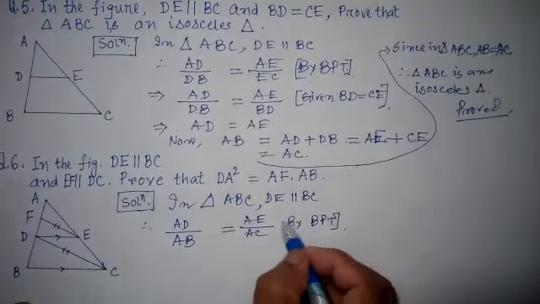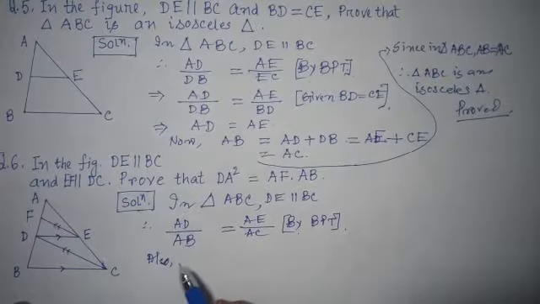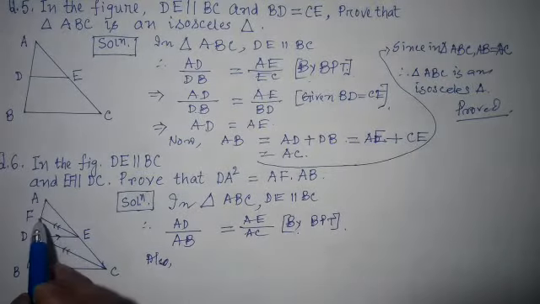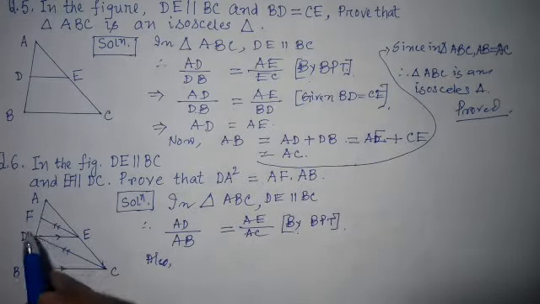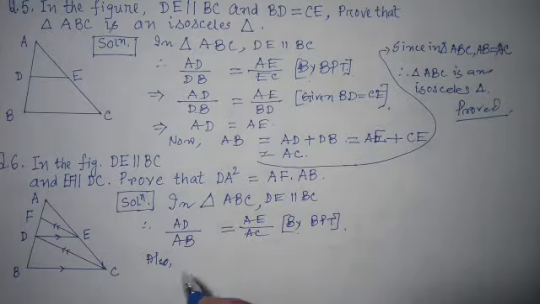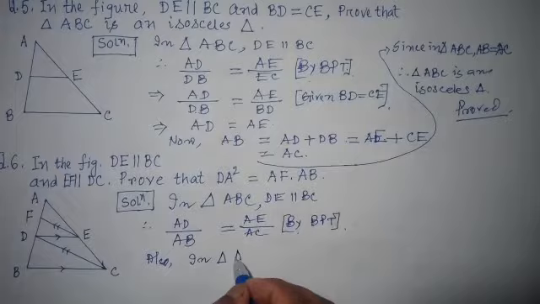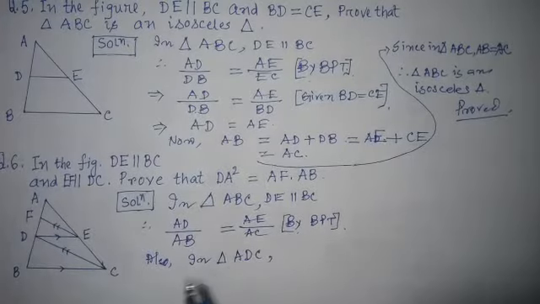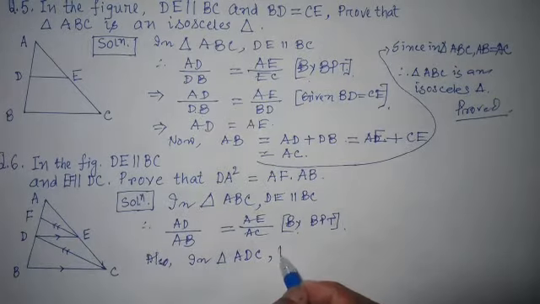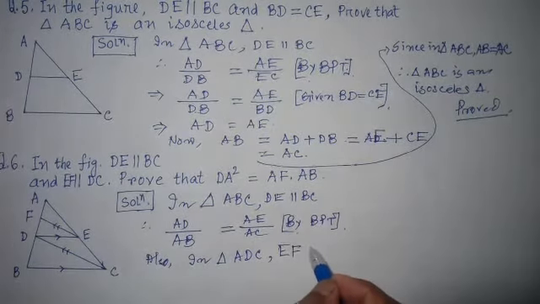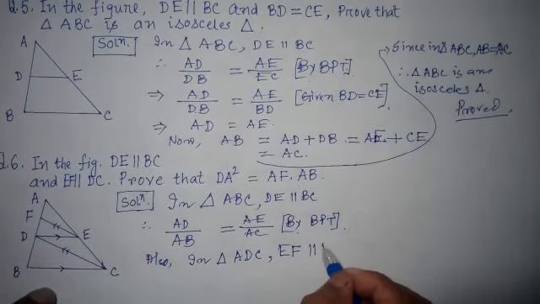And again, you look, EF is parallel to CD. So in triangle ADC, what is given? EF parallel to DC, actually it should be CD.